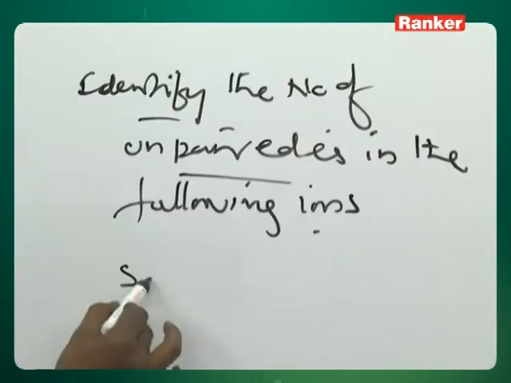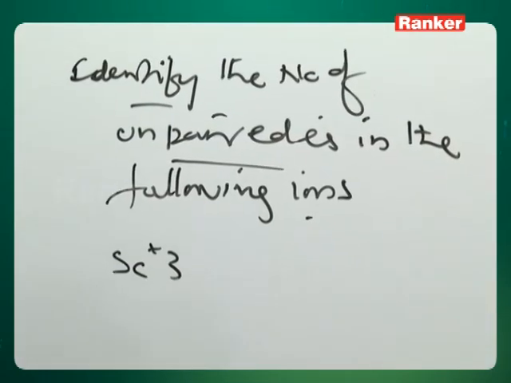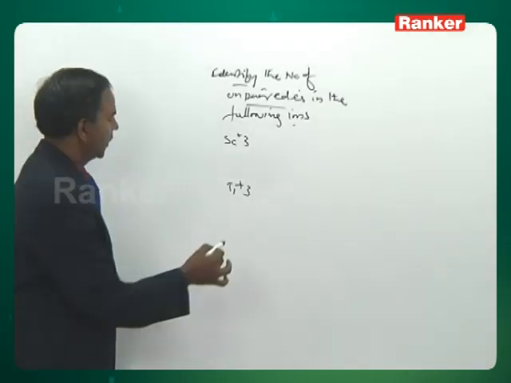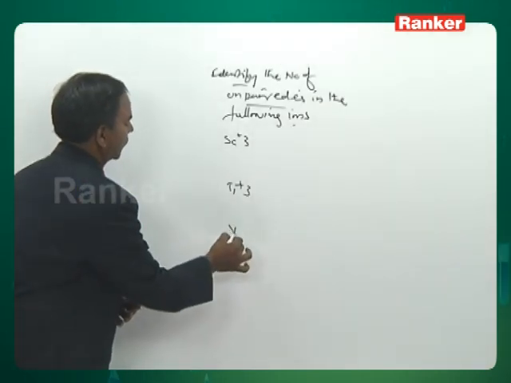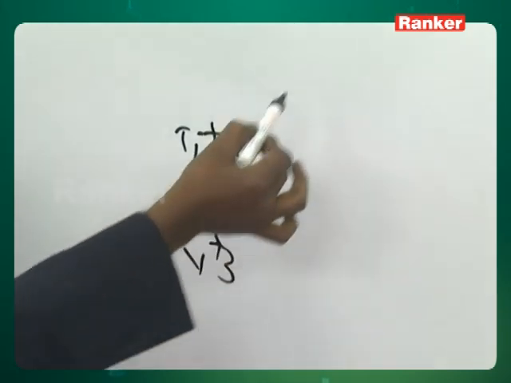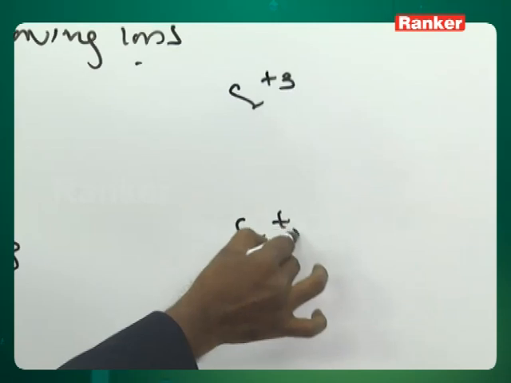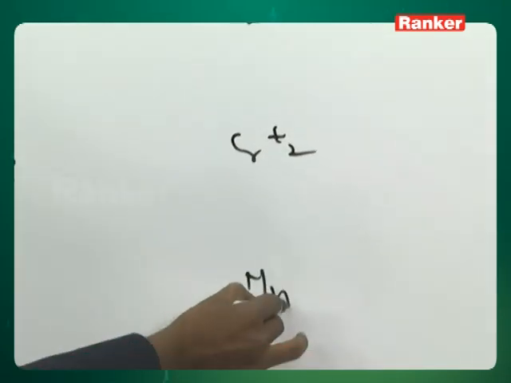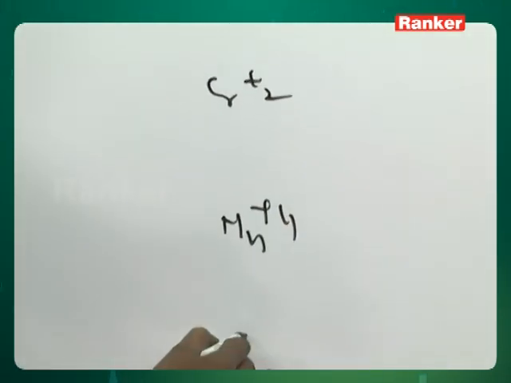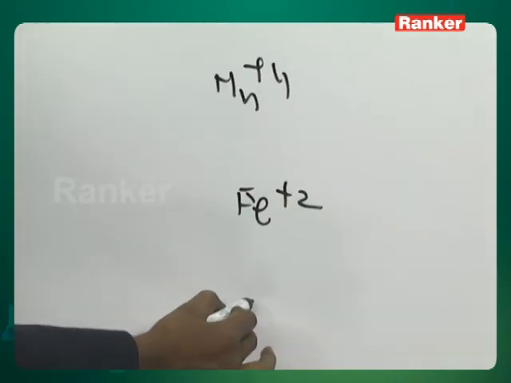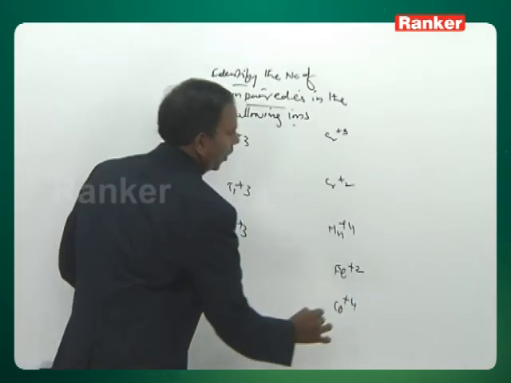Suppose you are given ions like scandium plus 3, titanium plus 3, vanadium plus 3, chromium plus 3, chromium plus 2. Consider manganese plus 4, iron plus 4 or plus 2, take iron, and you consider cobalt plus 4.